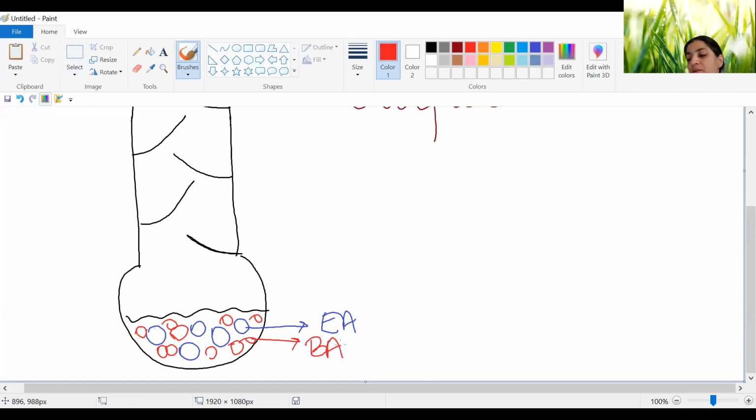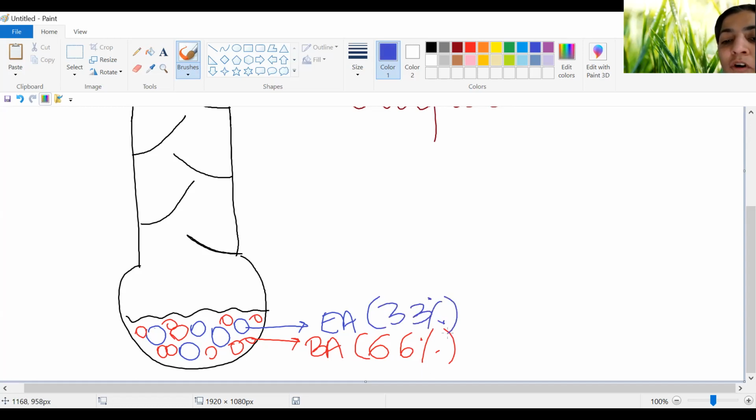In today's experiment also, we have about 66 or 67% of butyl acetate and 33% of ethyl acetate.